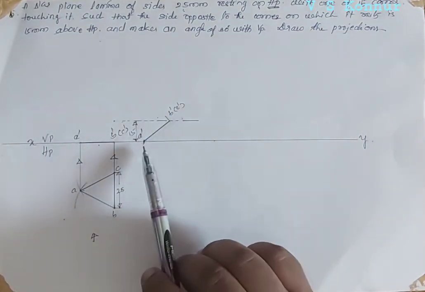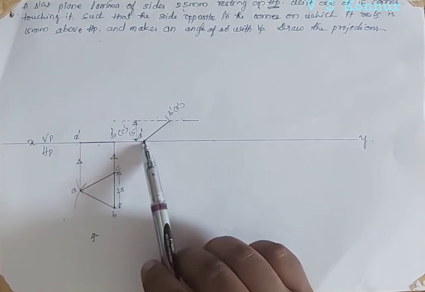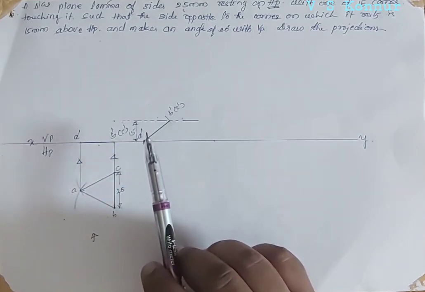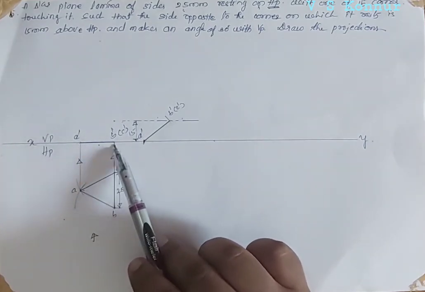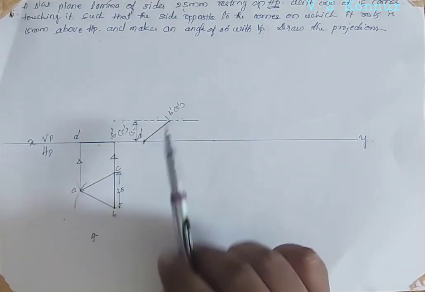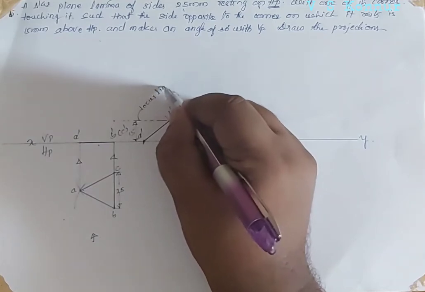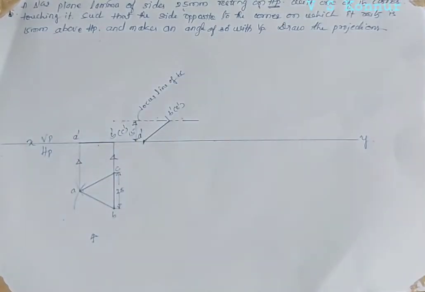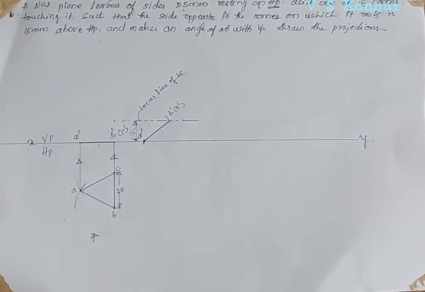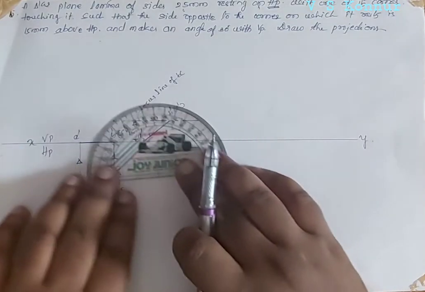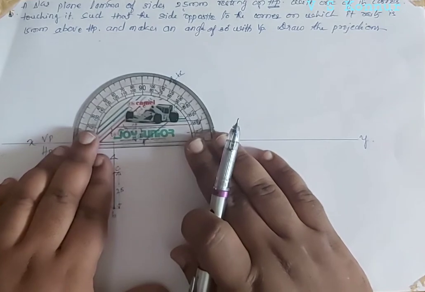This lamina I have marked by keeping the A dash point on the XY line at any place, anywhere. Then take the distance from A dash to B dash, C dash and cut that locus line. This is called the locus line of BC, at 15 mm, and measure the angle. You should get at least 44 degrees, otherwise 45 degrees, no problem.